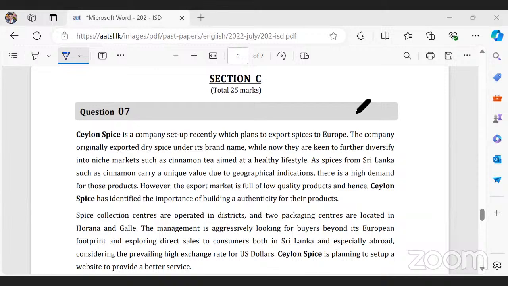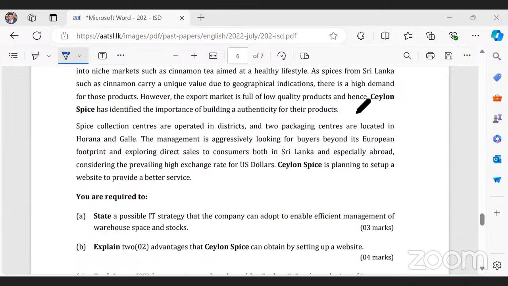As spices from Sri Lanka such as cinnamon carry a unique value due to geographical indications, there is a high demand for those products. However, the export market is full of low quality products, and Ceylon Spice has identified the importance of building authentic products.